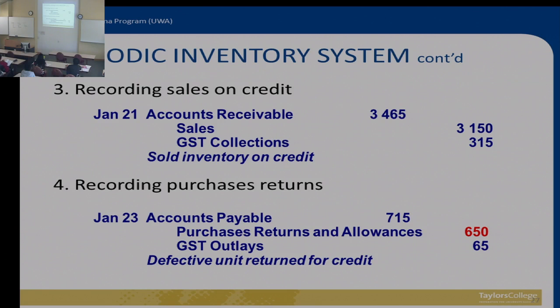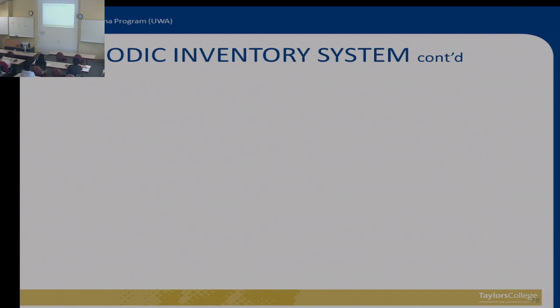You're using that separate account, purchase returns and allowances. With the other system, you changed your value of inventory, didn't you? Sorry about that, you would have actually reduced your inventory for a purchase return. This one, you keep your purchase returns in a separate account because you're not updating inventory all of the time with this system.